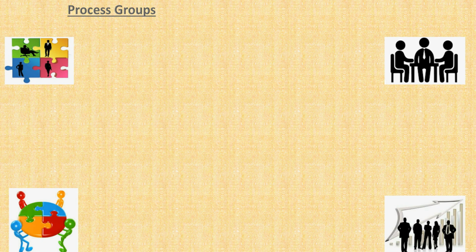Before starting project management, the very first thing we do is develop the project charter. So this process is an initiating process. We have other initiation processes as well. All those processes are grouped as part of the initiating process group. Like that, we have a total of 5 process groups. We'll discuss them one by one.